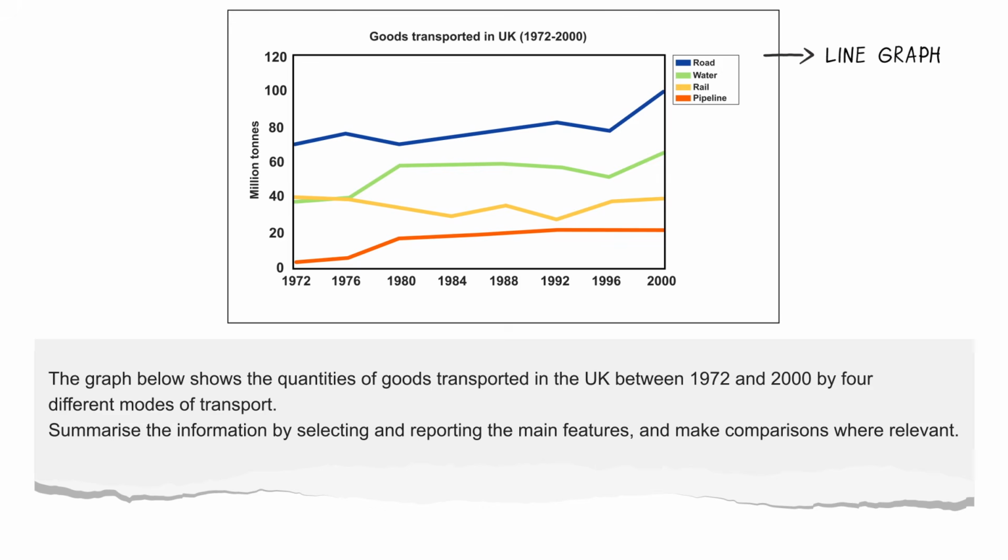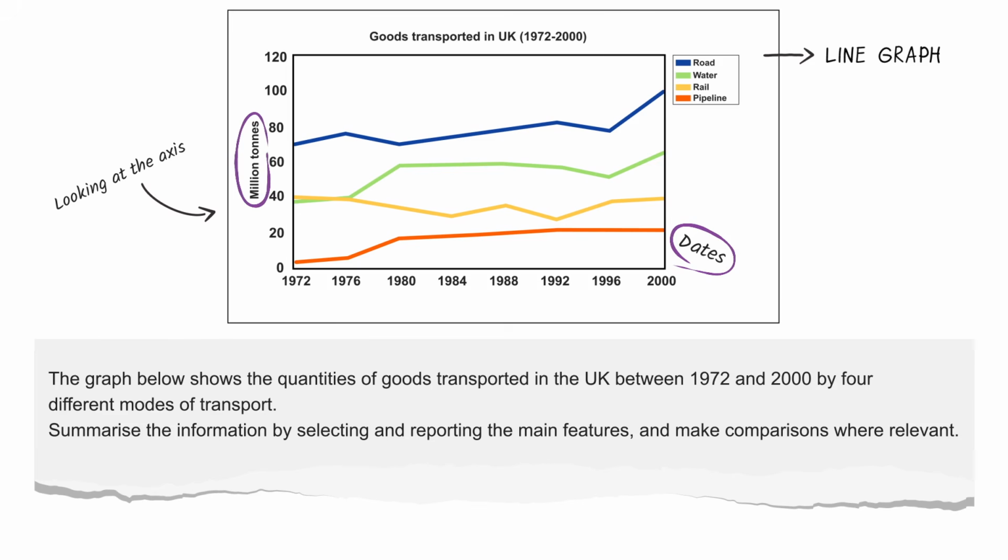And the first thing we want to do when it comes to building a plan is we need to identify the type of task that we're in, and the type of task we're in can be identified by looking at the axis. All right, so here along the horizontal axis, you can see a range of dates, right? And on the vertical axis, it's millions of tons of goods transported, right?